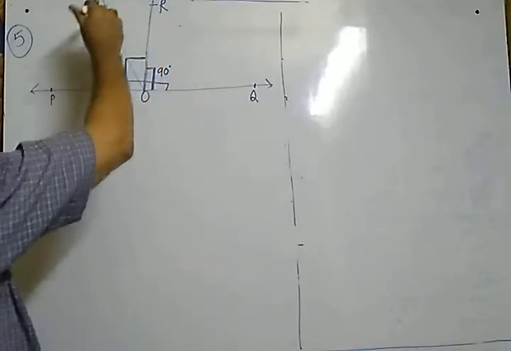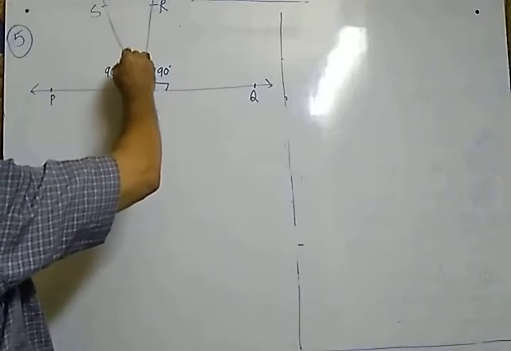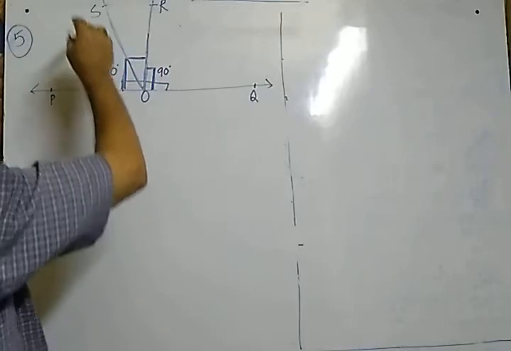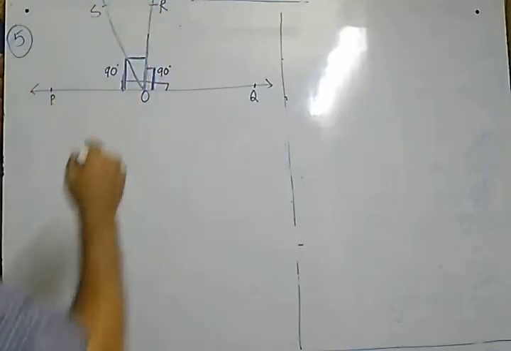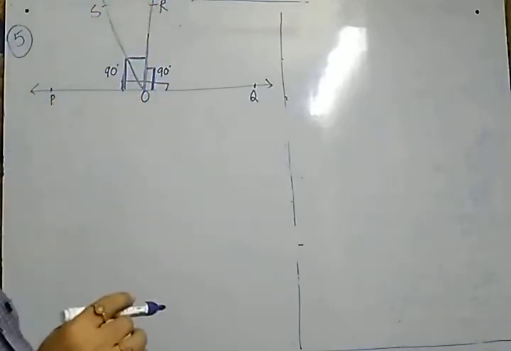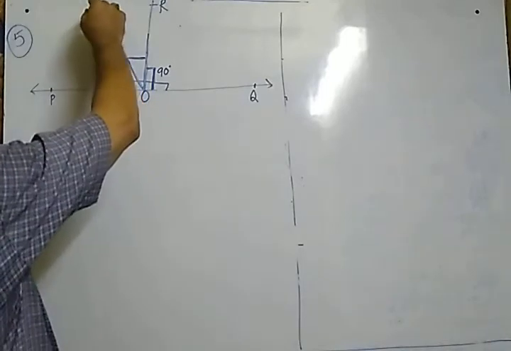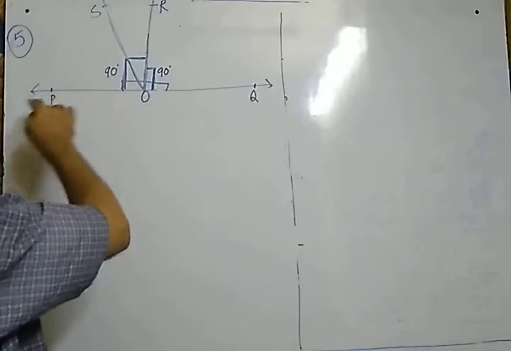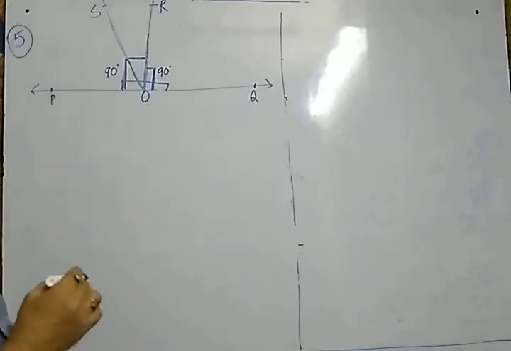So angle SOR is equal to half of angle SOQ minus SOP. This is to be verified. This is to be proved here.